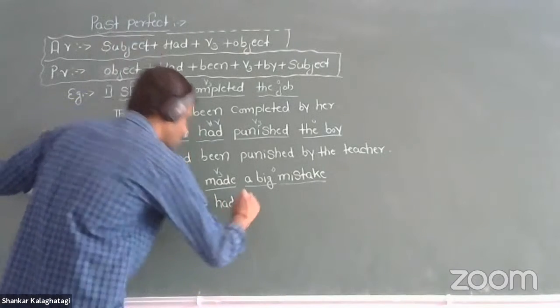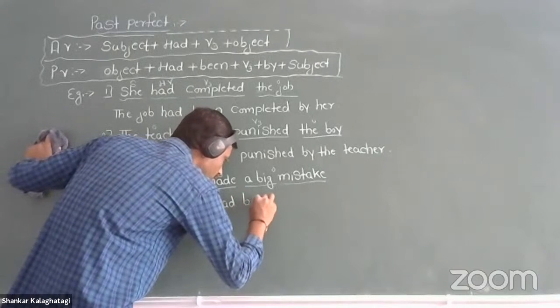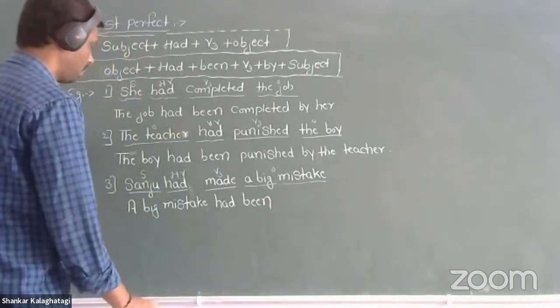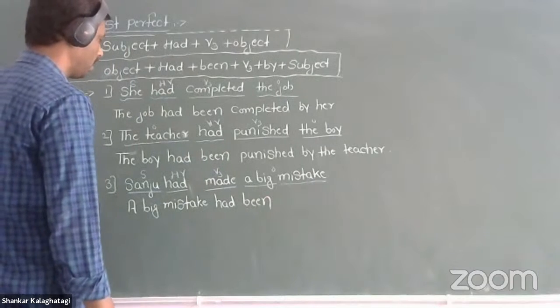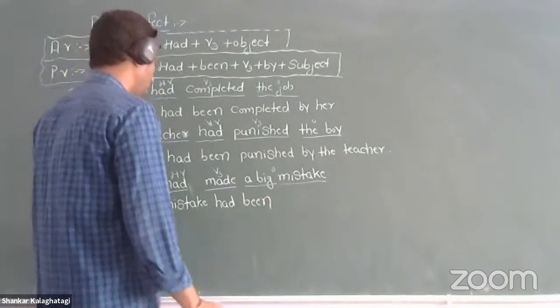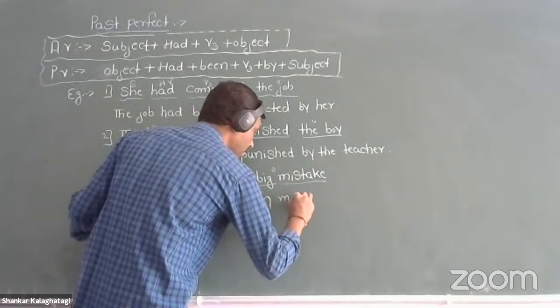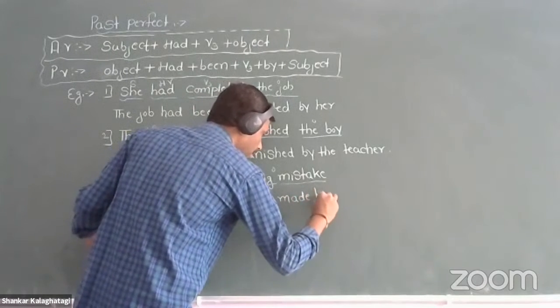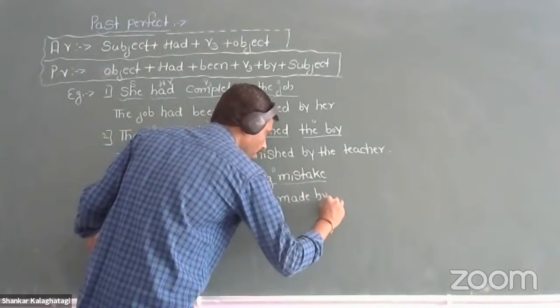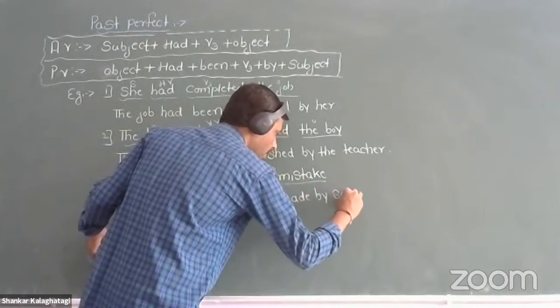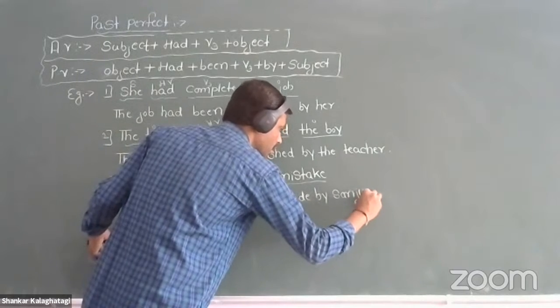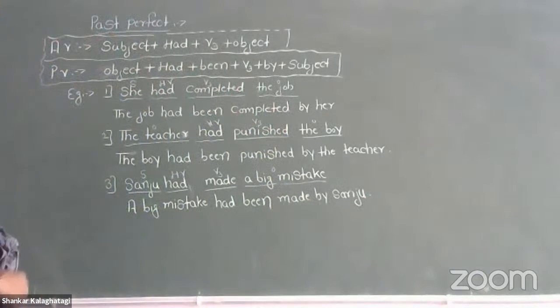So then we have tried been because it is a perfect, right? Had been. Now, what we have tried? Made, that is the V3. Made by. So we have by. Last we have tried the subject. Subject is noun, Sanju. Right, it is.